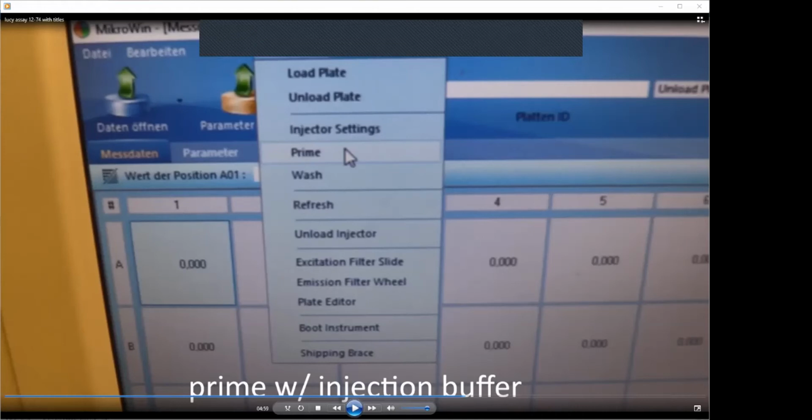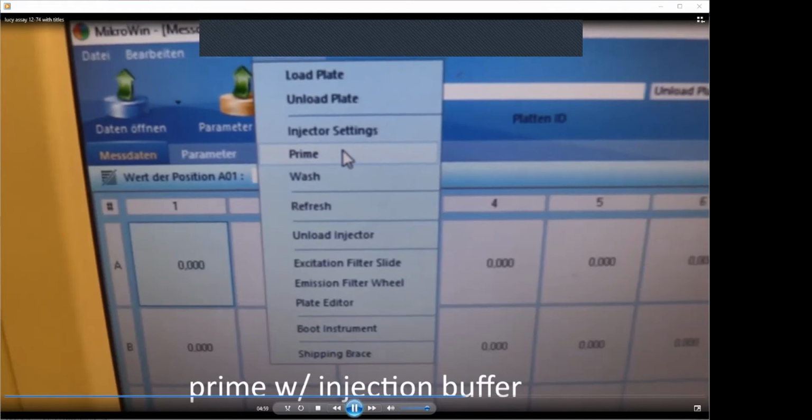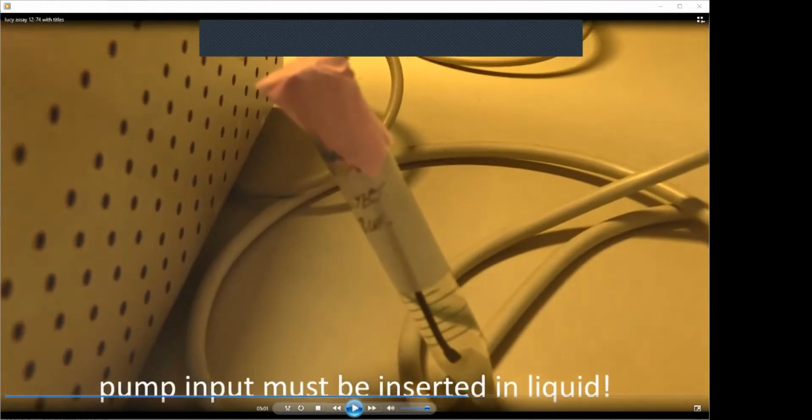And that provides you with the same efficiency for all of your samples. So the first sample will be filled with the same injection buffer as the last one. If you wouldn't use this step, then you have either air or the washing solution in the first samples. So this is the first step which is necessary to do.